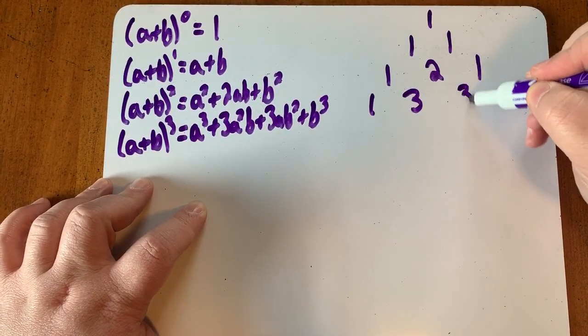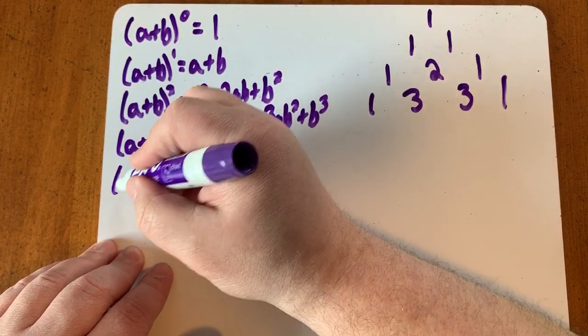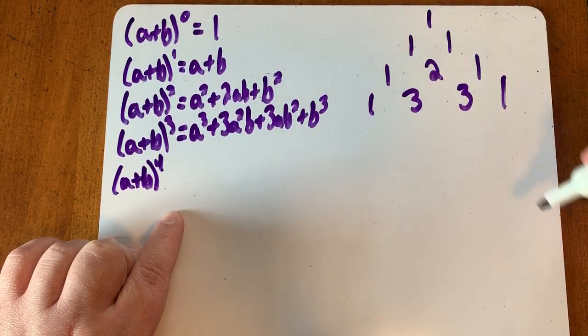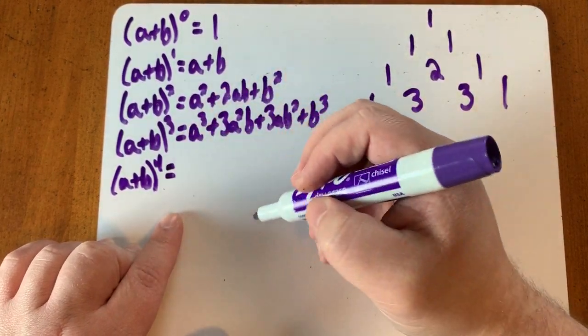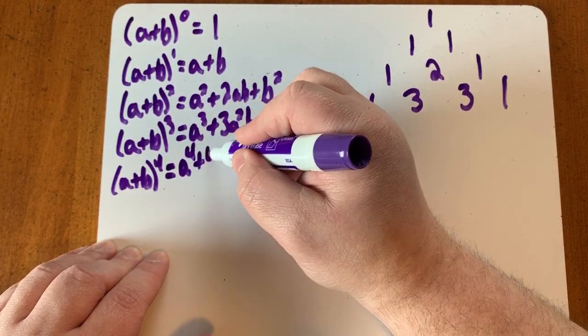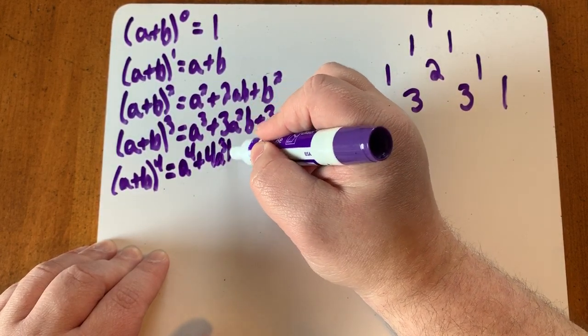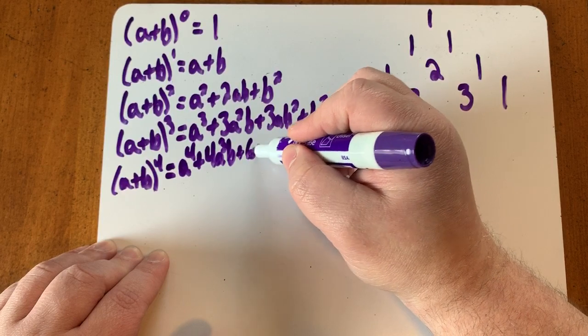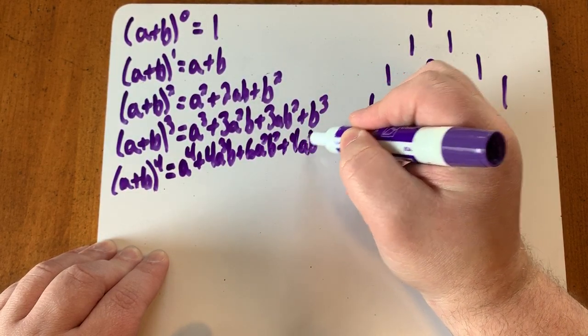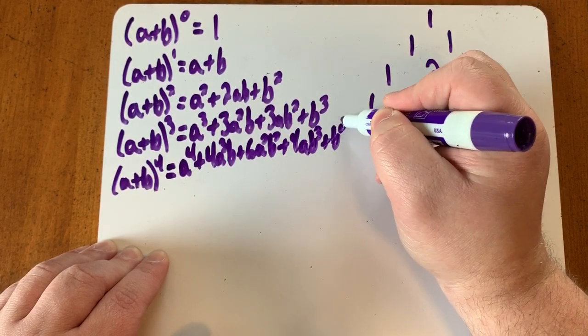1, 3, 3, 1. And if you keep going, (a+b) to the fourth, and I'm going to stop after this one, and we're going to continue the triangle from there. But it's a to the fourth plus 4a to the third b, plus 6a squared b squared, plus 4ab to the third, plus b to the fourth.